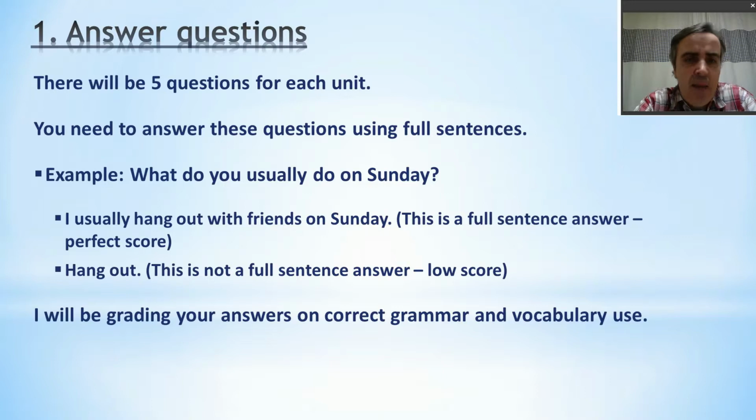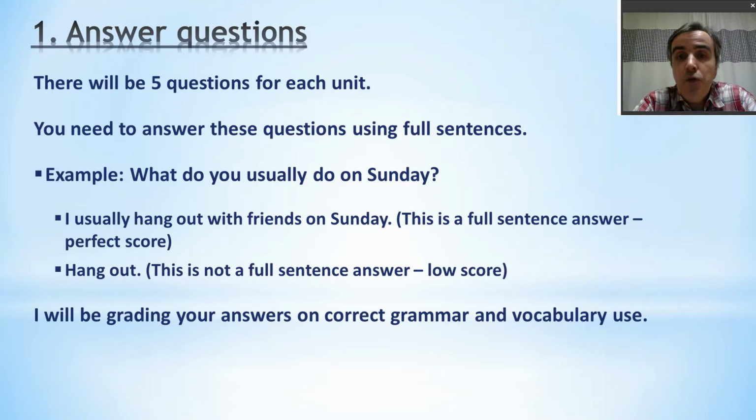So here's an example. Let's say the question is, what do you usually do on Sunday? So that would be from the unit on free time activities, maybe. So a full sentence answer, a good answer, would be, I usually hang out with friends on Sunday.